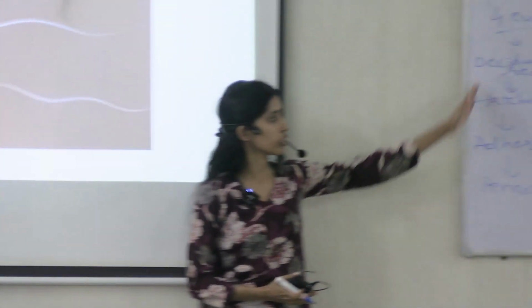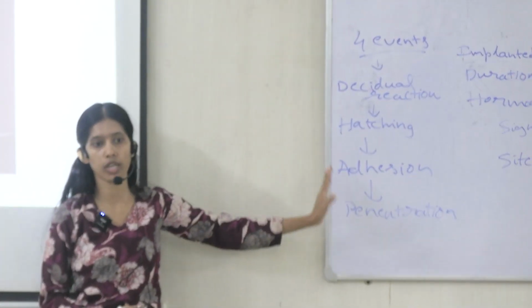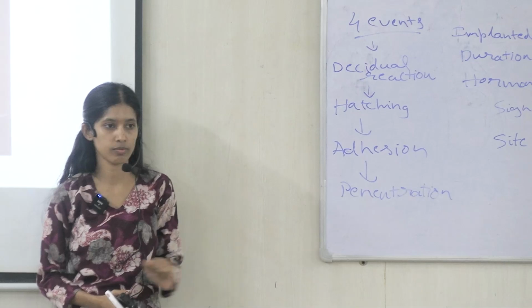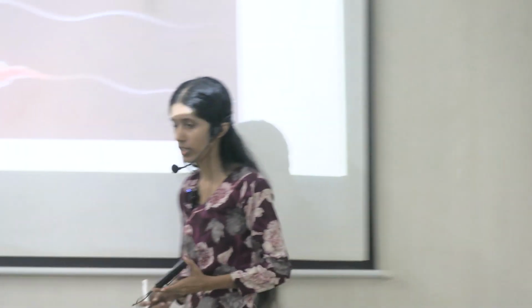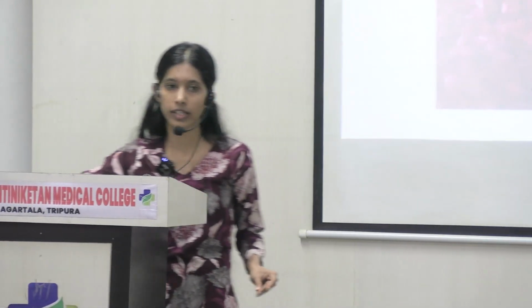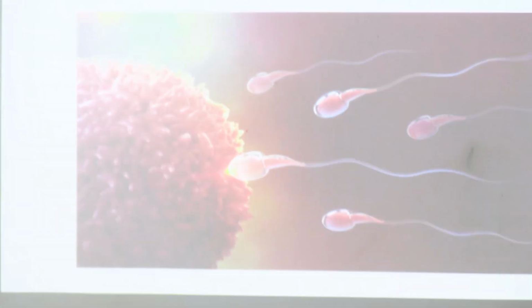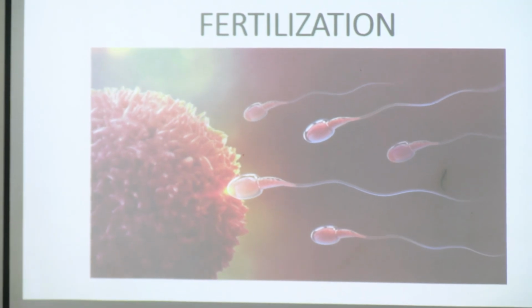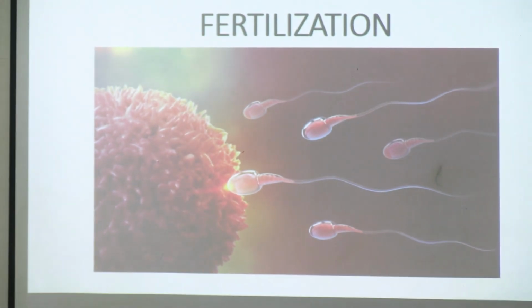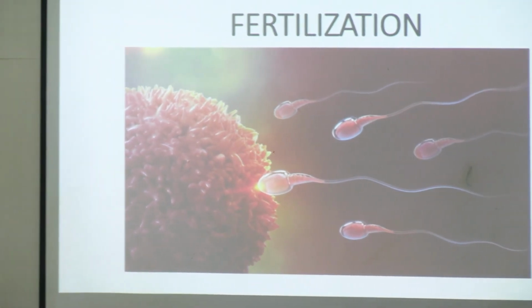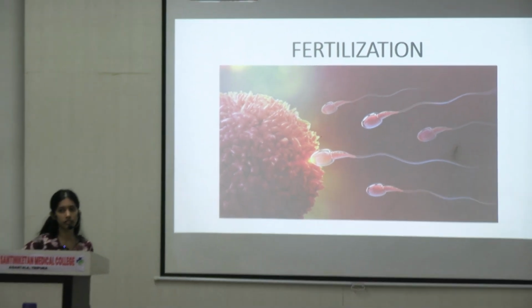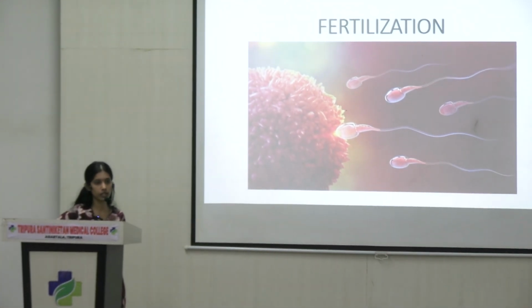After all these events, your actual implantation takes place. These are the 4 events you should remember. So what are the 4 events in implantation? It is decidual reaction followed by hatching, adhesion and penetration.